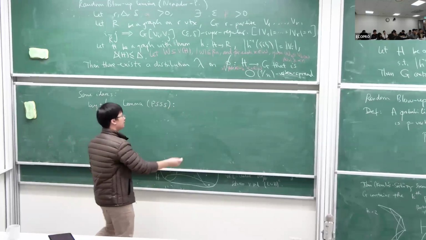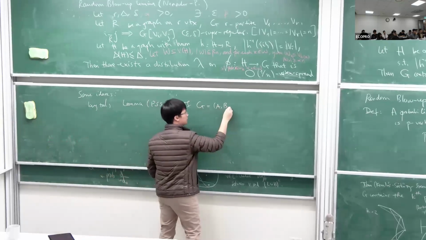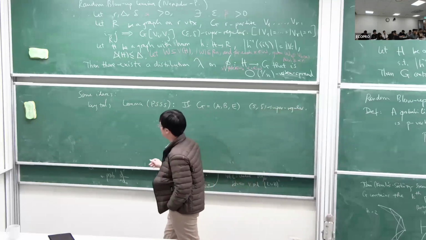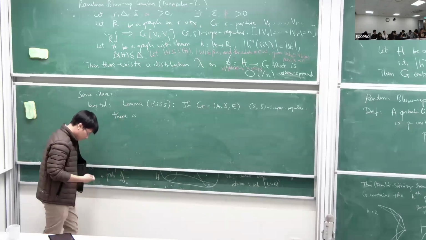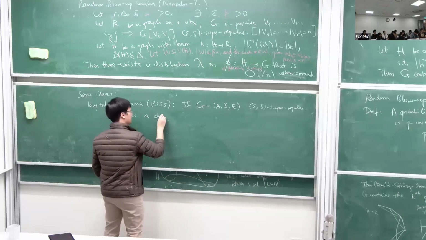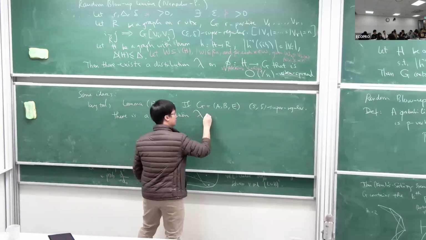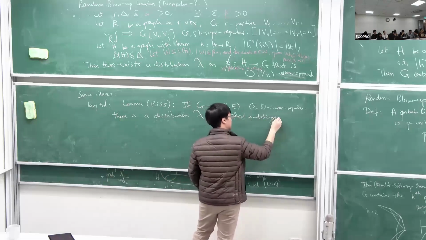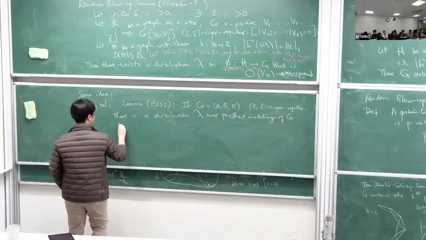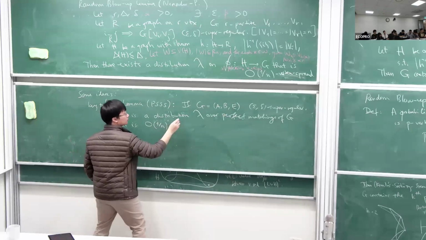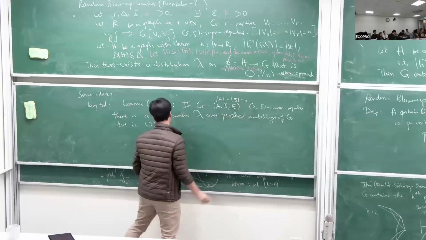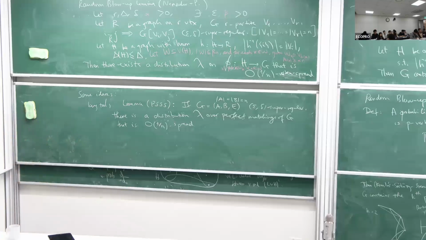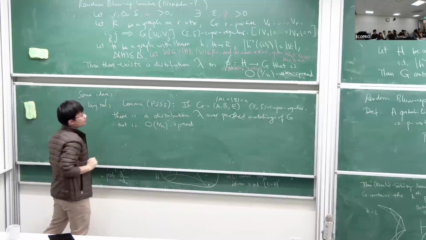It's just saying that if we have G, a bipartite graph that is epsilon-delta super-regular, then there is a distribution lambda over perfect matchings of G that is optimally spread. So this is really the core driving the vertex spreadness of this distribution lambda of embeddings.